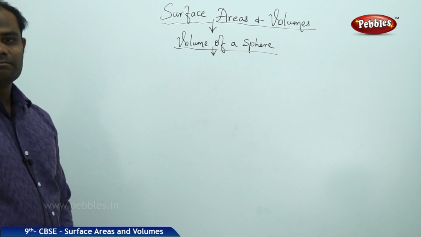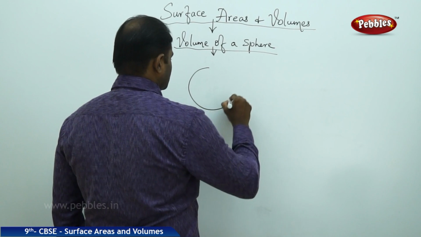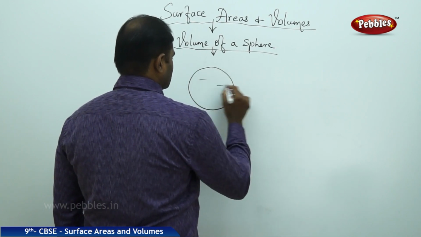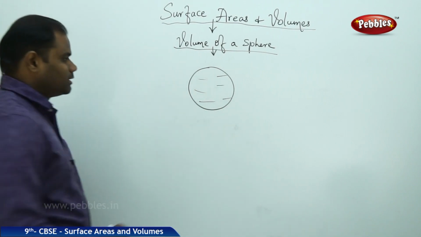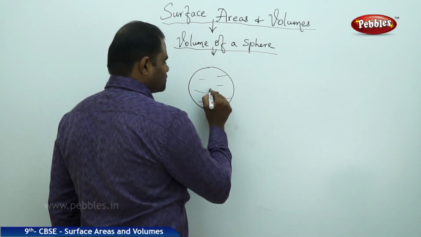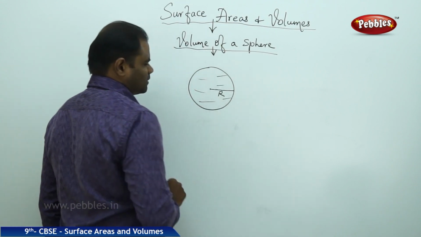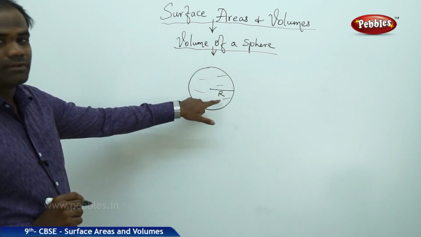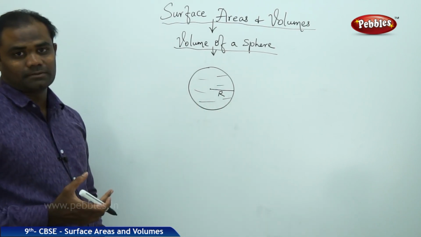So let's see what could be the volume of a sphere. Imagine I take a sphere, which is this, and say the radius of the sphere is, say, capital R. If the radius of the sphere is r, then the whole of the volume is based on the radius.